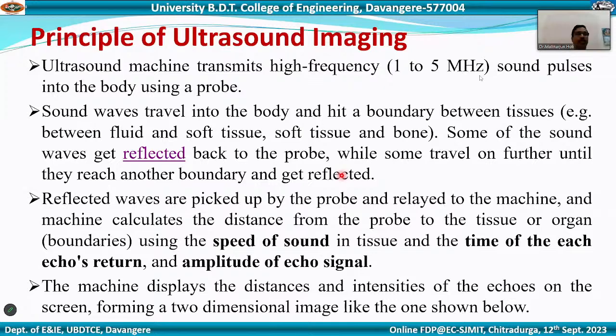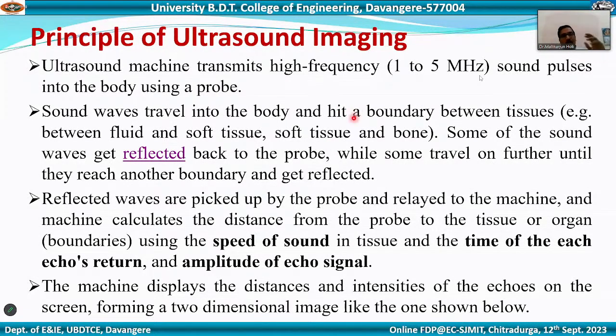When you pass high frequency sound pulses into the body, they pass through the body at various levels based upon the type of tissue, and they get reflected back. That is what we call the echo. We pass the ultrasound signal of high frequency, in the range of megahertz, and it penetrates the body.